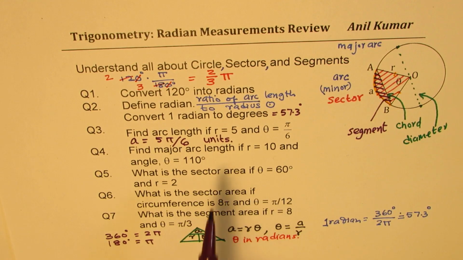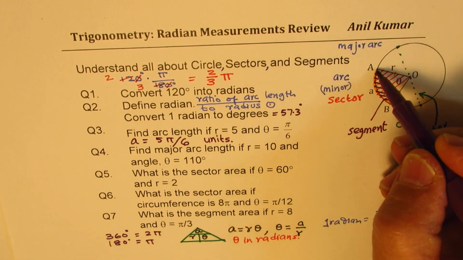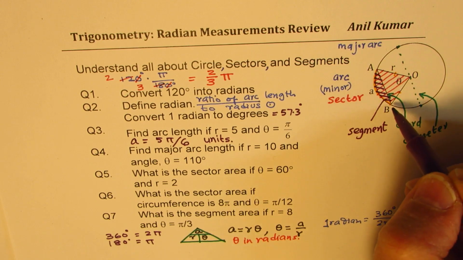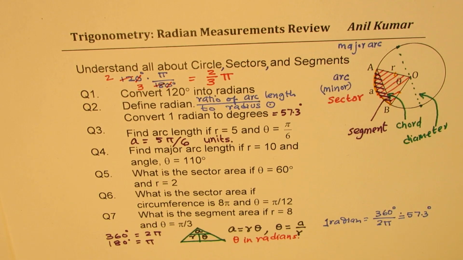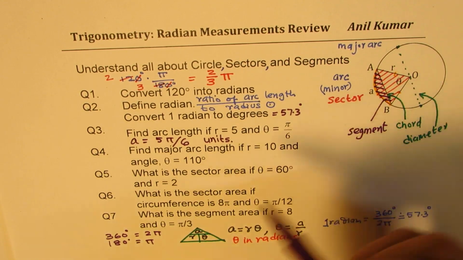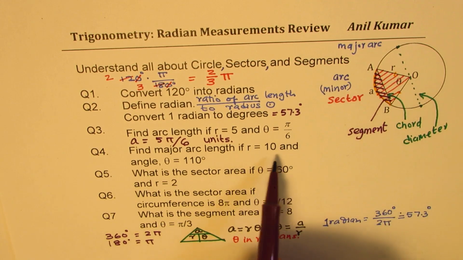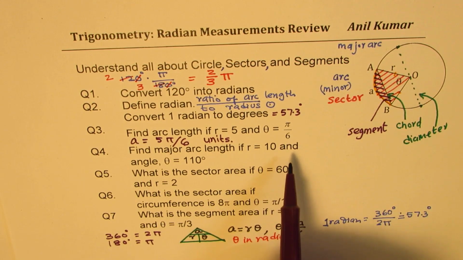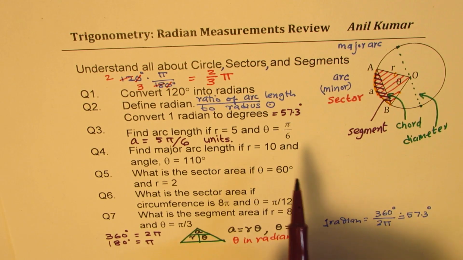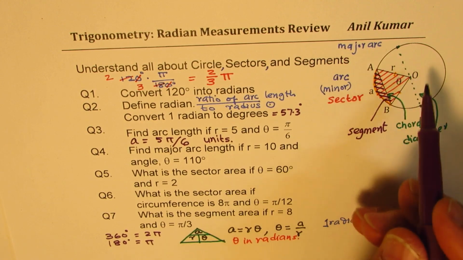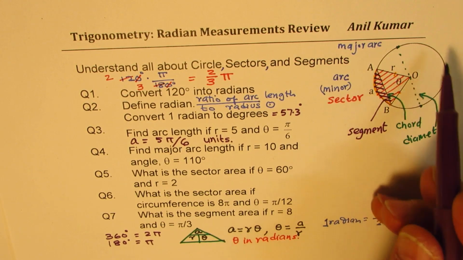Now in this particular case, major arc length means that which is with the bigger angle, correct? So one option could be you could find what the bigger angle is and then find the length. These types of questions we could easily solve by ratios, right? So the arc length basically is the ratio of the angle to the total angle.